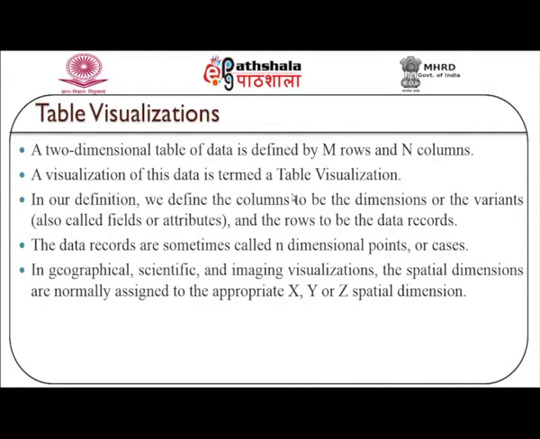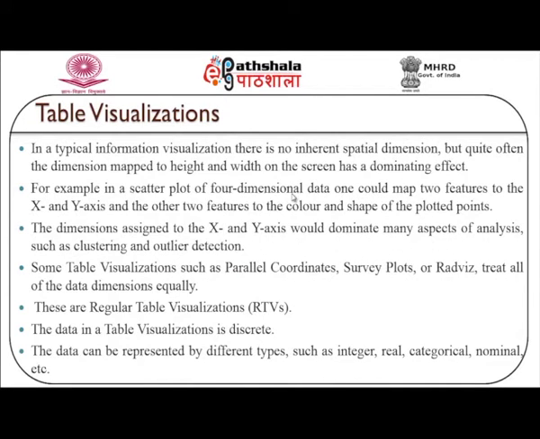In geographical, scientific and imaging visualization, the spatial dimensions are normally assigned to the appropriate x, y and z spatial dimensions. In a typical information visualization scenario, there is no inherent spatial dimension, but quite often the dimension is mapped to the height and width on the screen and has a dominating effect.